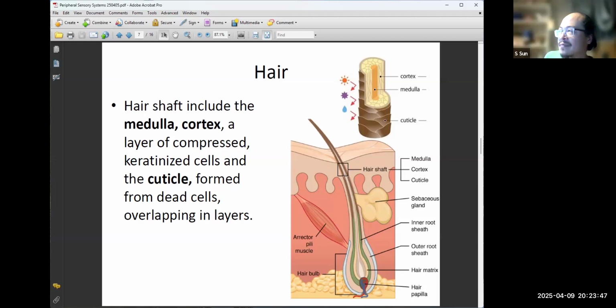The hair shaft has three main layers, and the outer layer is dead skin, those are keratinocytes. Here again is the sebaceous gland. Down here, this one is the blood supply, and this one is the hair papilla. So that's the hair.